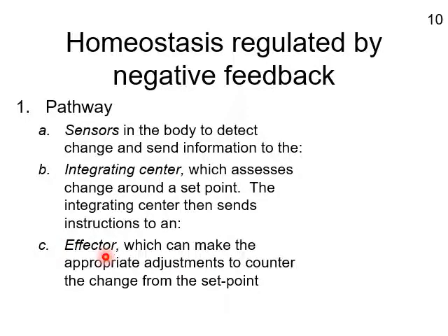In this case, the effector could be what can help regulate our blood pressure. We can change the activity of our heart. If our heart beats more strongly or faster, then we can affect the blood pressure. In this case, blood pressure went off, so the information the brain, the integrating center, would want to send to the heart would be to maybe slow down the pace of the heart and also slow down how strong the heart is pumping.